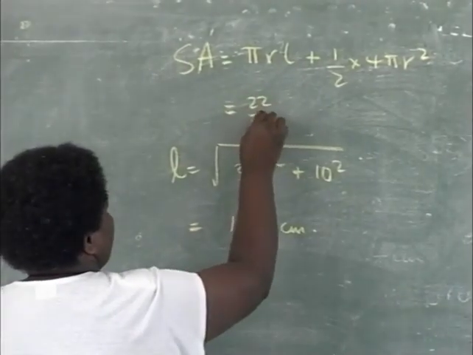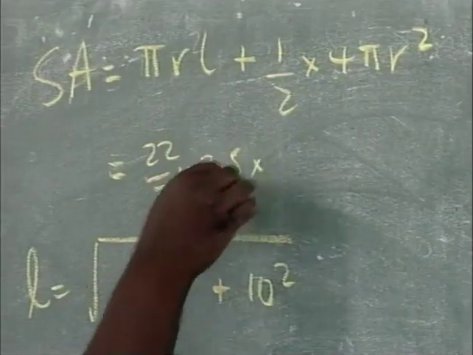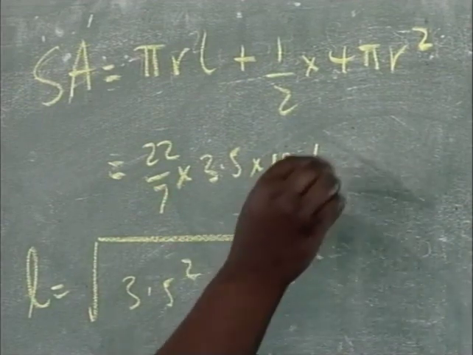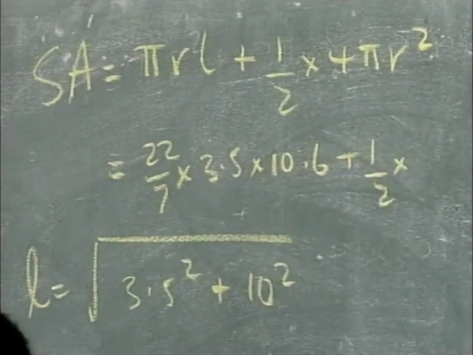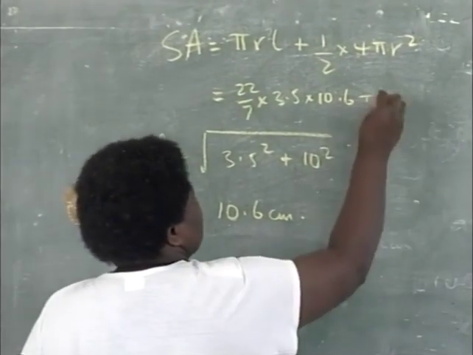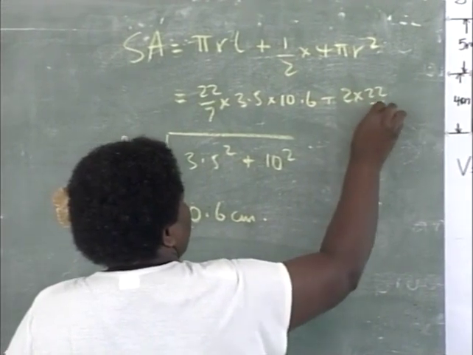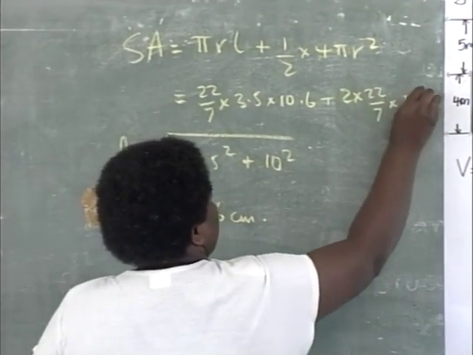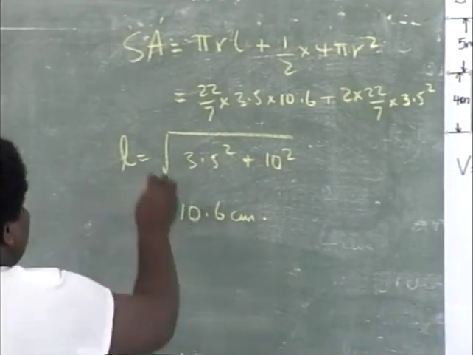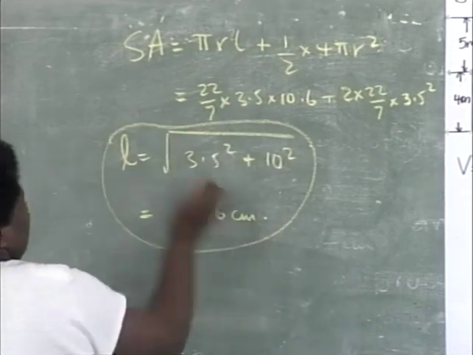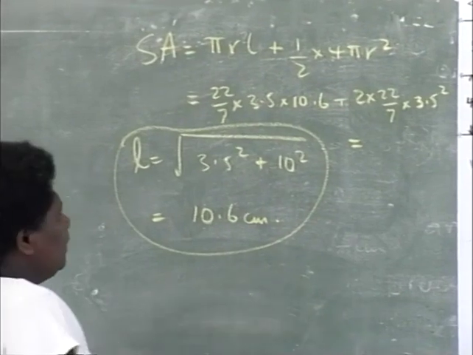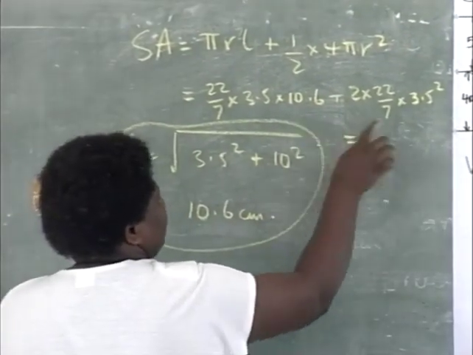Pi is 22 on 7, since 3.5 is a multiple of 7, multiplied by 10.6, plus half of 4, which is 2, so 2 times pi r squared. Okay, sorry, this is the slant height. So what do we get when we add this?